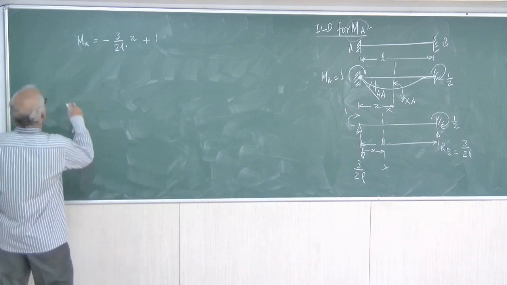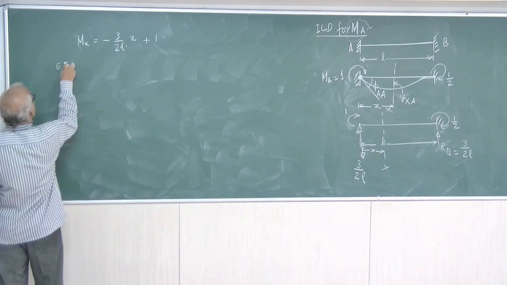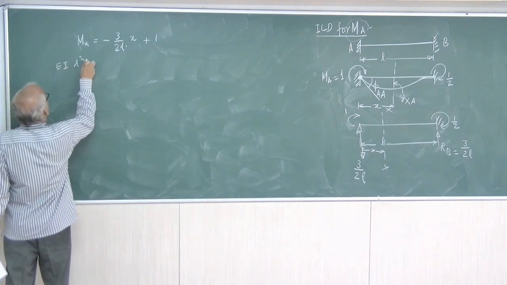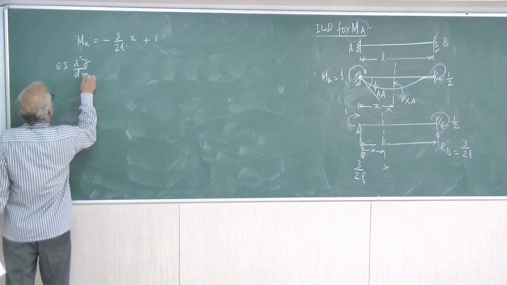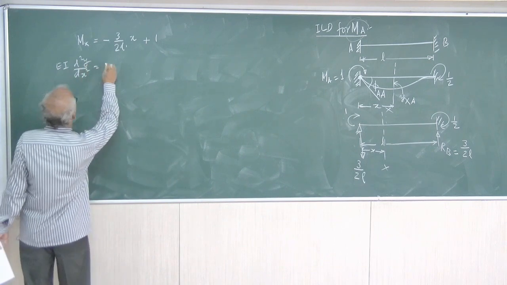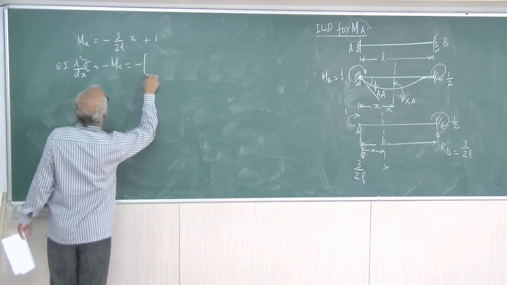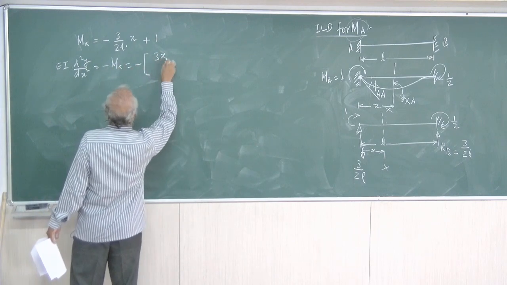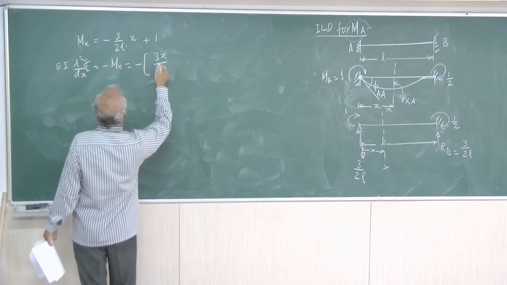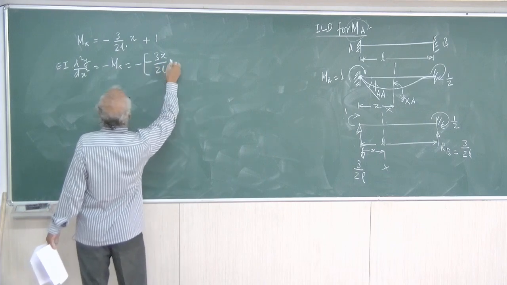And we know EI into d square y by dx square is equal to minus Mx, which is equal to minus of 3x by 2L plus 1.